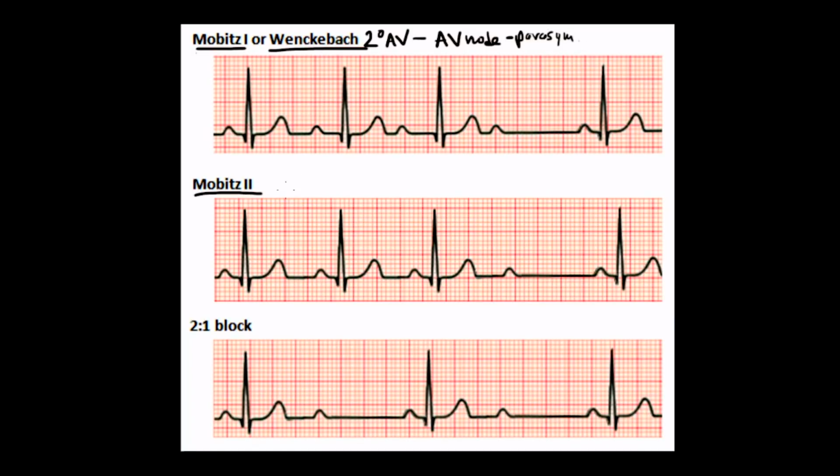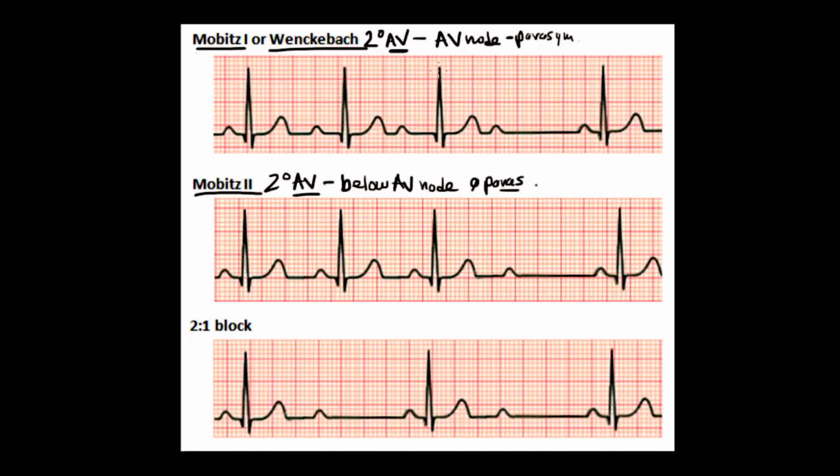Whereas a Mobitz type 2 is a second degree AV block, and even though it's known as an AV block, the actual block itself is below the AV node.